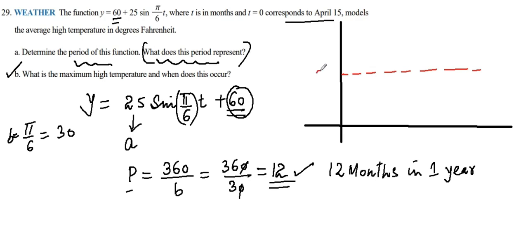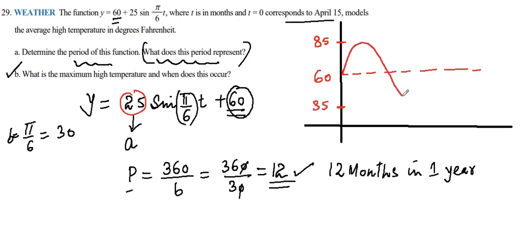This is 60. And how much do I need to go up? 25 up. So 60 plus 25 is 85, so 85 will be here. And 60 minus 25 is 35, down. So we have to go like this.